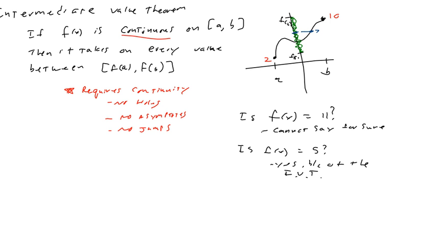Because our function is continuous, because f of x is continuous on a to b. So because the function's continuous, we know there's this value 5, because 5 is between 2 and 10. We can't say for sure about 11. It may go up to 11, but we cannot say for sure because 11 is outside the boundaries, right? So that's the intermediate value theorem.